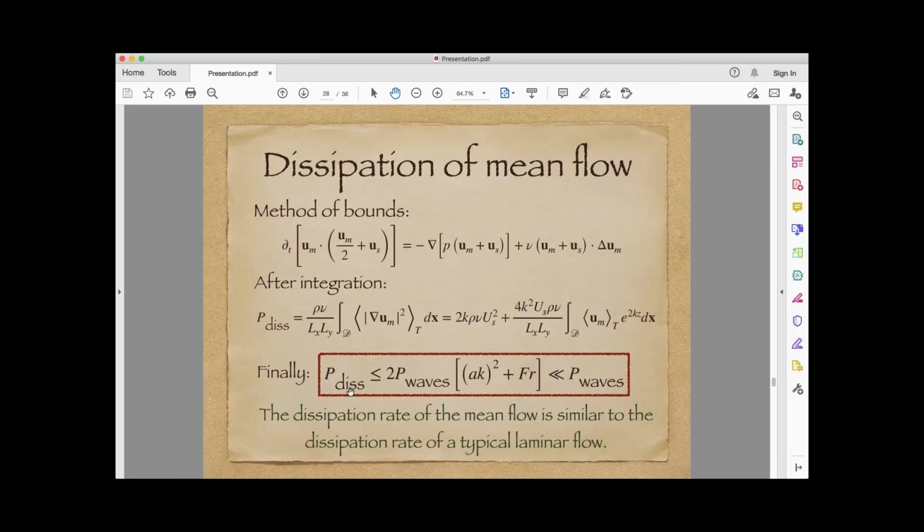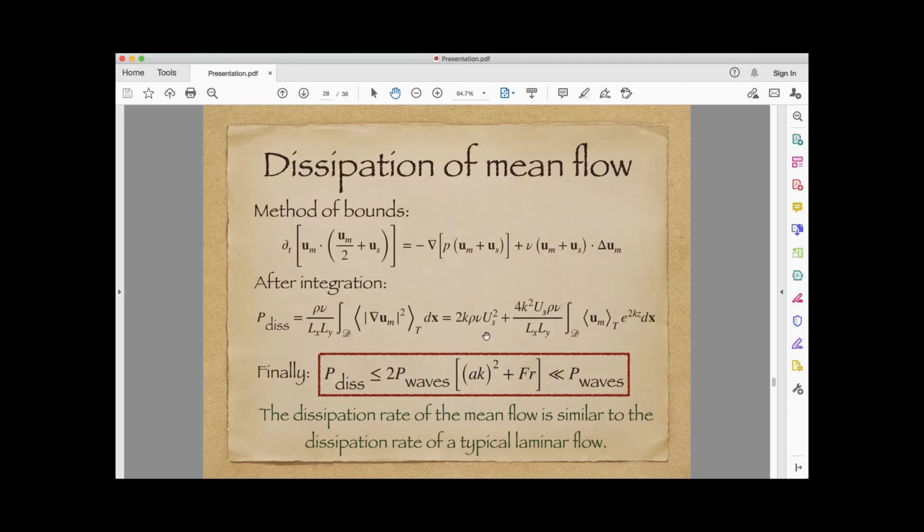So finally, we get the dissipation rate of the mean flow to be much less than the dissipation rate of the waves. You can compute the dissipation rate of the waves to be of the order of nu k squared. So the dissipation rate of the mean flow is less than the dissipation rate of the waves times a factor which is ak squared plus a fluid number. ak squared again is the slope of the wave.